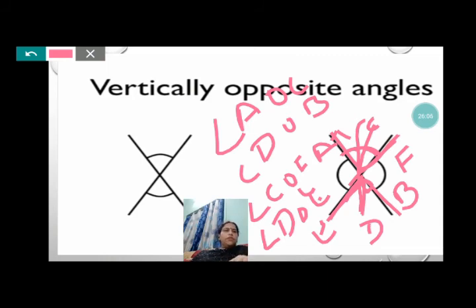So we can see over there the vertically opposite angles and find them out.